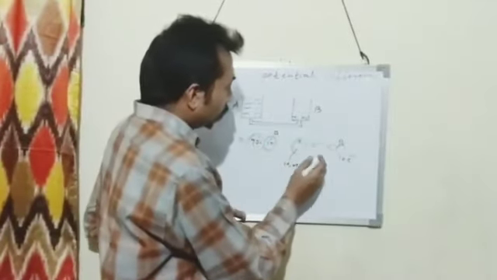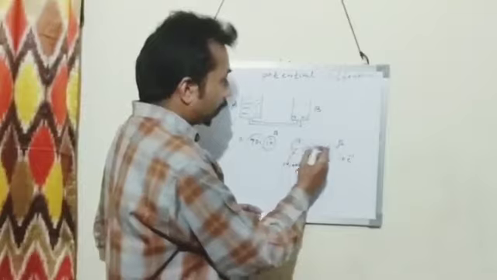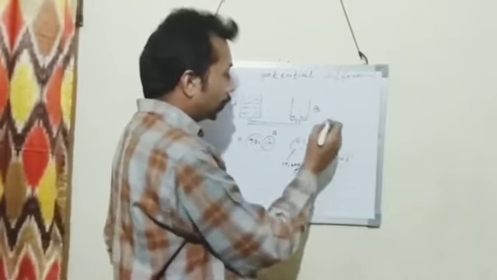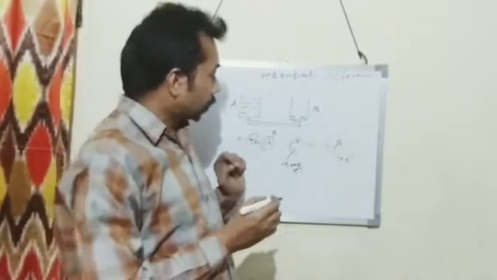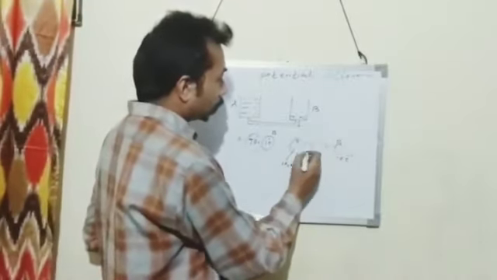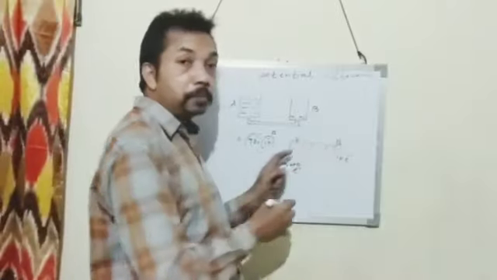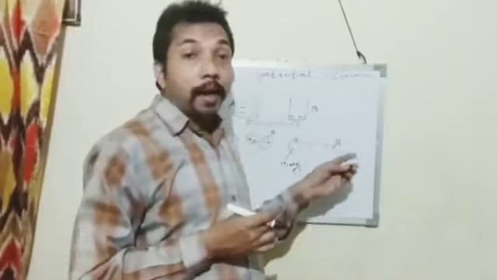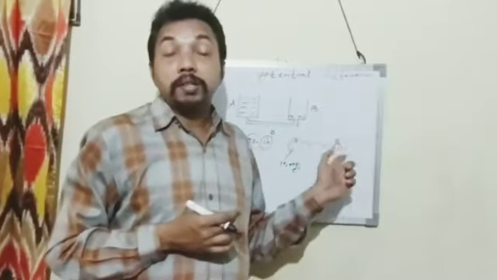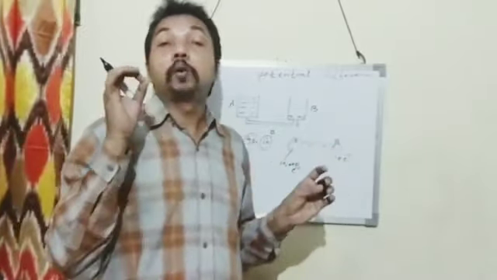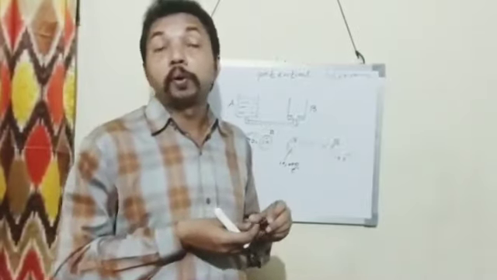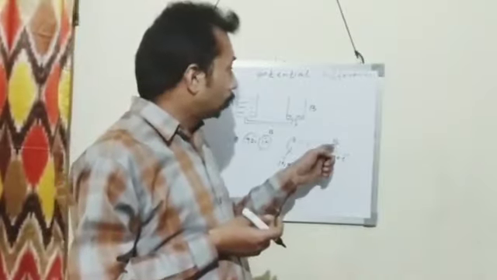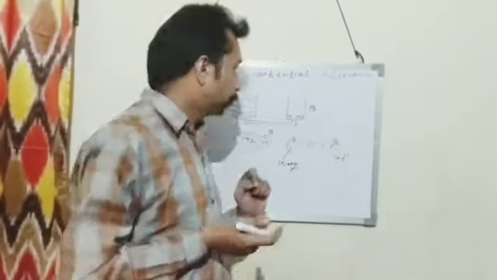In the case where A has 10,000 electrons and B has 10 electrons, when they are connected, the electrons will go from A to B. The direction of conventional current is opposite to the direction of flow of electrons. So the conventional current will flow from B to A.